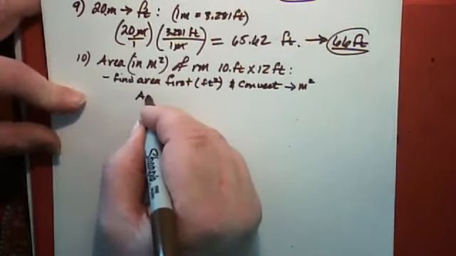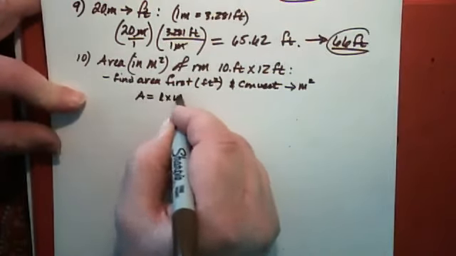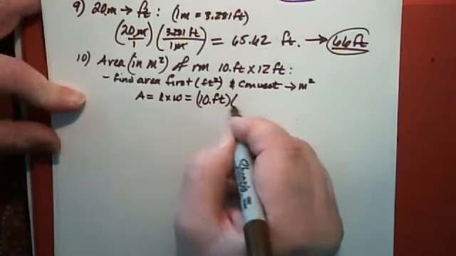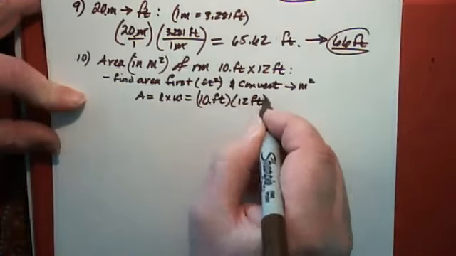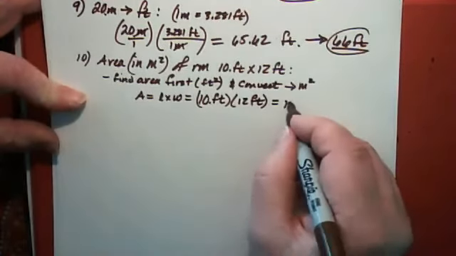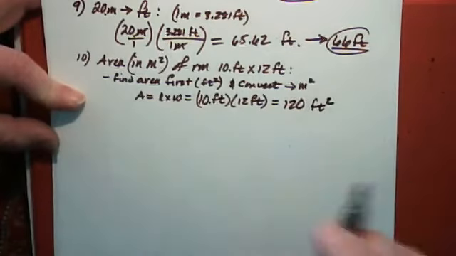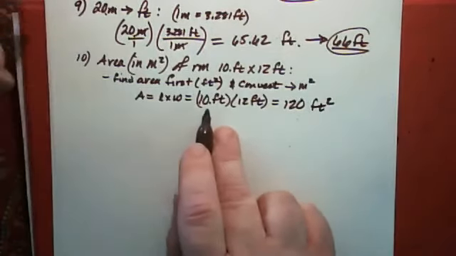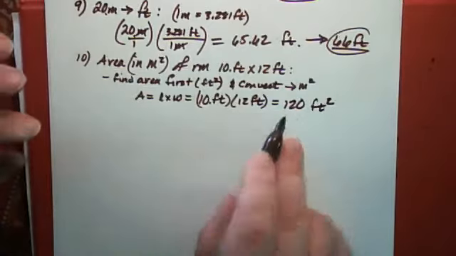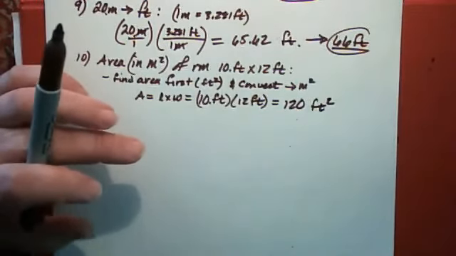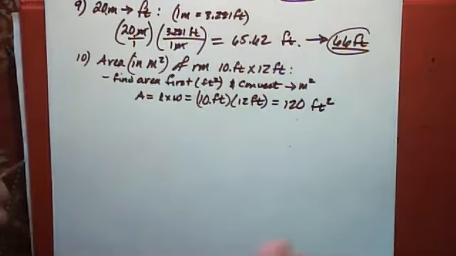So the area is length times width, which in this case would be 10 feet by 12 feet. And 10 times 12 is 120 square feet. This is a preliminary answer, so you don't have to change it for significant figures.